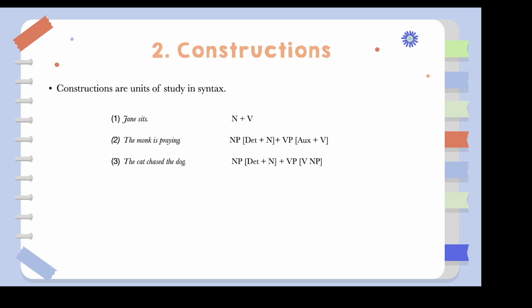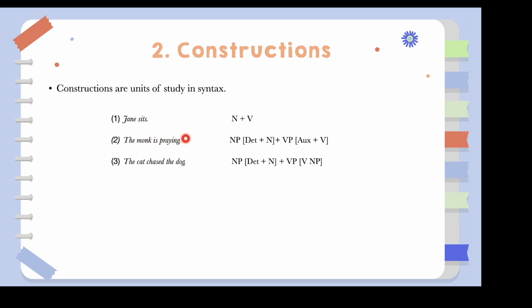For example, in the sentence Jane sits here, the whole sentence is one construction, which is a sentence as well. However, inside this sentence, we have smaller constructions like noun or verb. A noun is one construction and a verb is another construction that we combine together to have a bigger construction like Jane sits, which is a sentence.